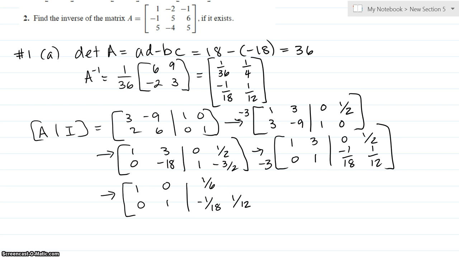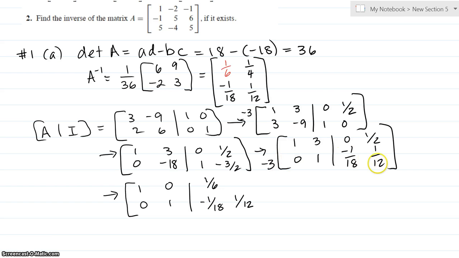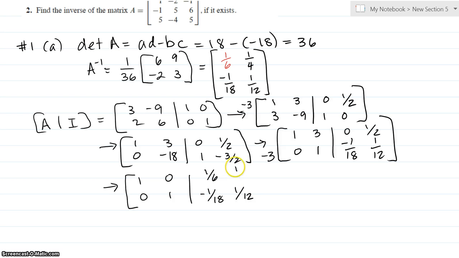I don't feel like redoing this video, so I'm just going to change this because I realize that's a mistake, because 6 over 36 is 1 over 6. So let's make that correct. And finally, 3 times 1/12 is negative 1/4, added to 1/2 is 1/4. And you see, with that correction, it is the same.